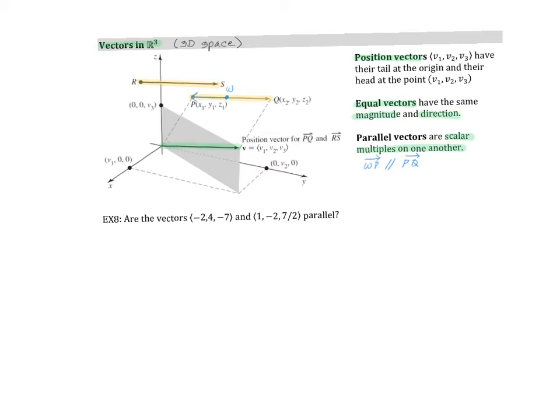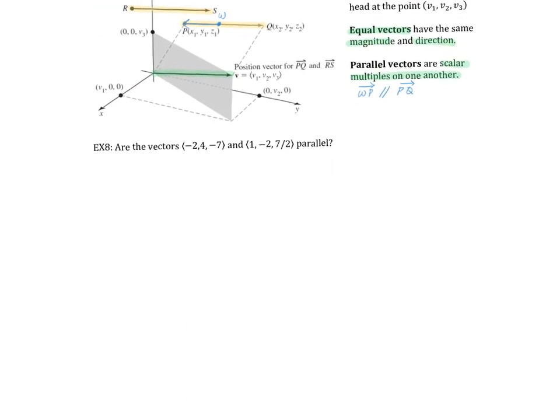In example 8, we want to check to see if these two vectors are parallel. So, are they multiples of one another? Well, the easiest way to do this is just to look at the first two components of the vector. I have a -2 and I have a +1. If I take 1 and multiply it by -2, then I get the first component of my first vector.